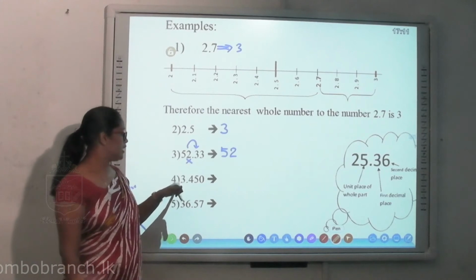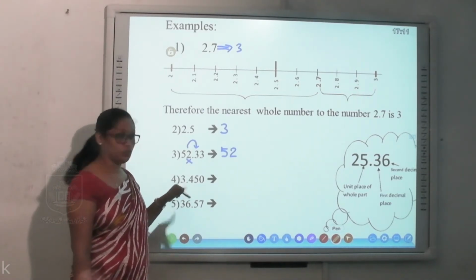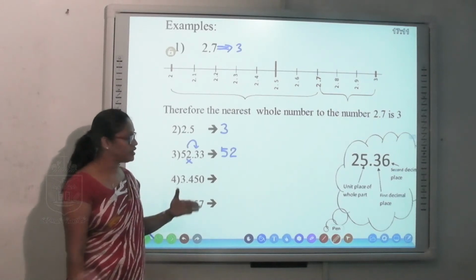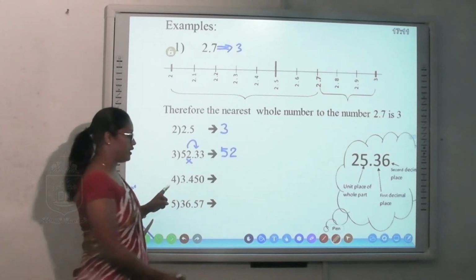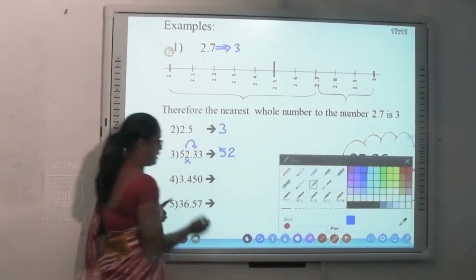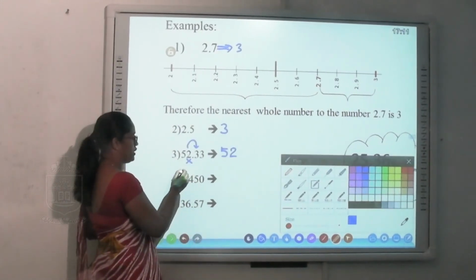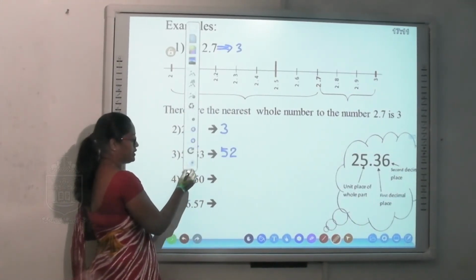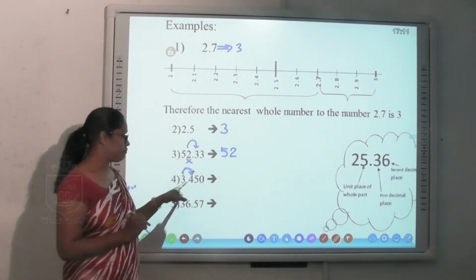We'll move to the next example. Here we're going to round off to the nearest whole number. So you have to find out the unit place of the whole number, that is 3 here, right? And then you should look at the first decimal place in the decimal number, that is 4.